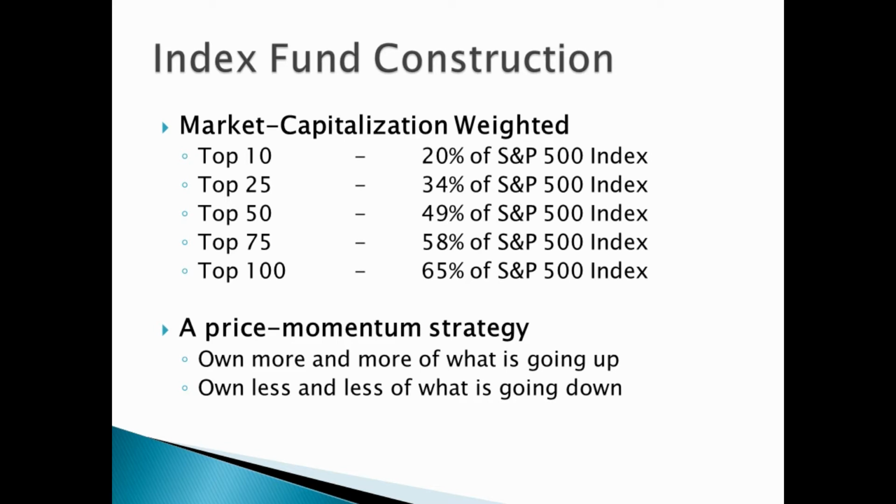So it's a top-heavy sort of index, which also means, since it's market cap weighted, it is what we call a price momentum index. You own more and more of what's going up. You own less and less of what's going down. Let's think about this from the standpoint of the manager of an index fund tracking the S&P.